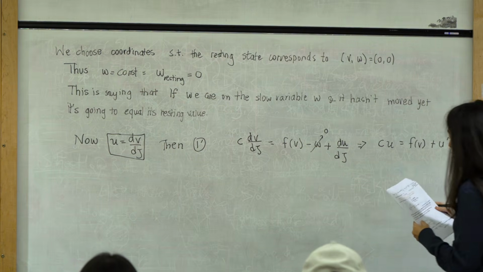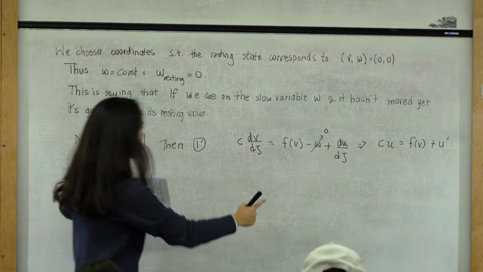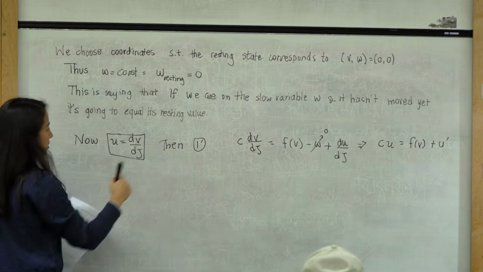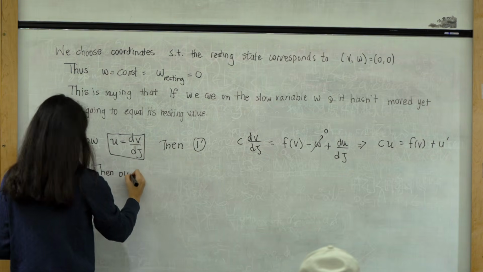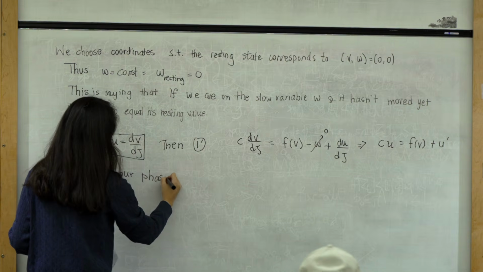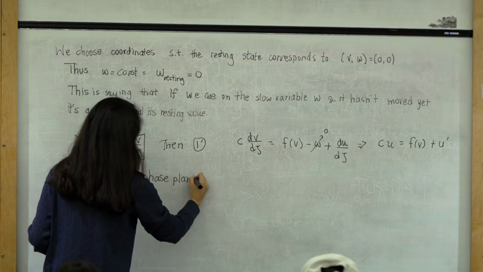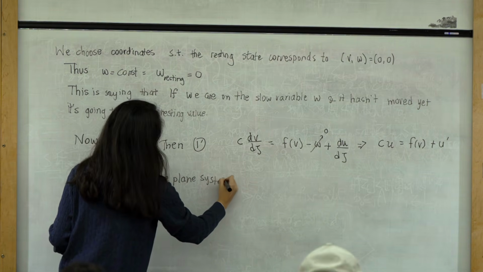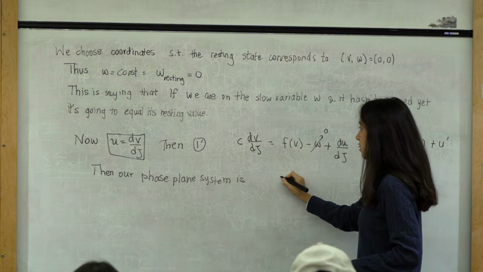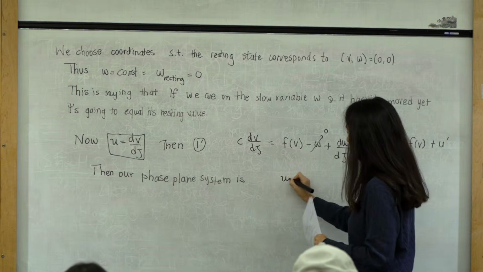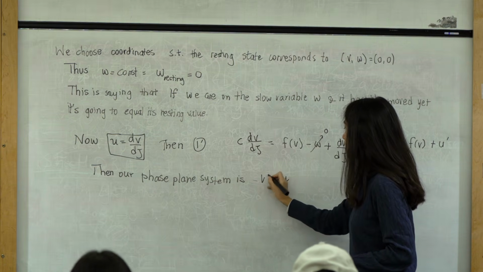Correct? Do you have any questions so far? Okay. So basically, if I want to write the full system of equations, I have this and also that. So then our phase plane system is given by u is v prime.